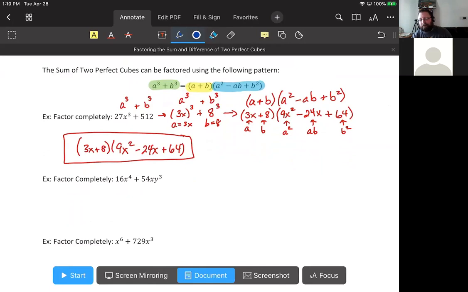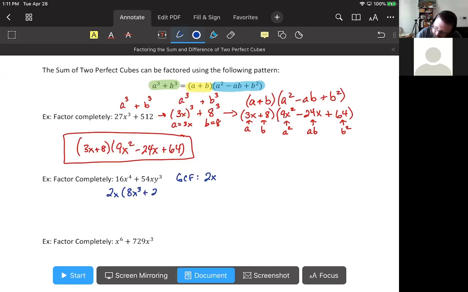So when we look at this next problem, right away we shouldn't really see a pattern yet, except that we should notice that both have a GCF of, well, let's see there, 2x. Okay, we can take a 2x out of both of those terms. So that would be our first step, is to factor out the 2x.